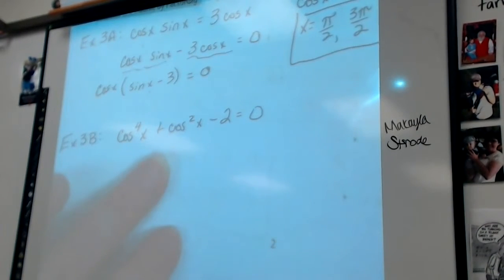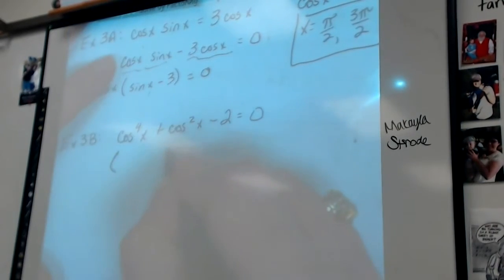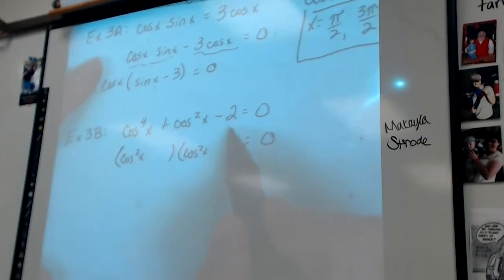Instead of x squared, it's cosine squared. So we're going to factor this one just like we would a quadratic, our product and sum method. So we'd have cosine squared x here, cosine squared x here. Two numbers that multiply to get -2 and add to get 1 would be +2 and -1.